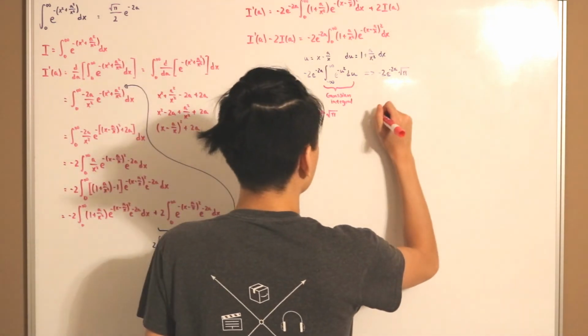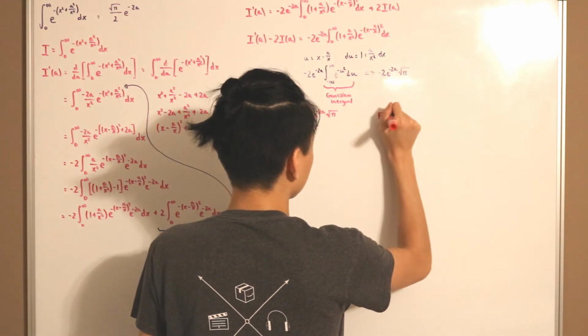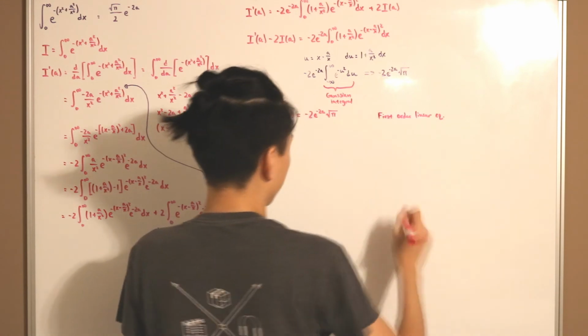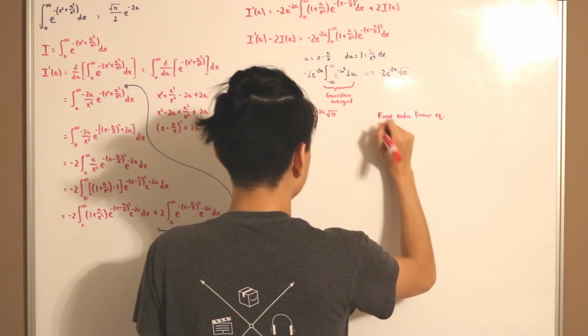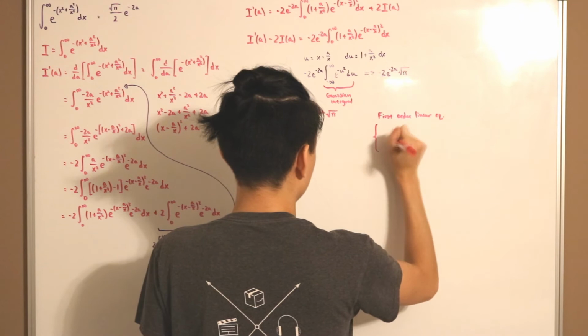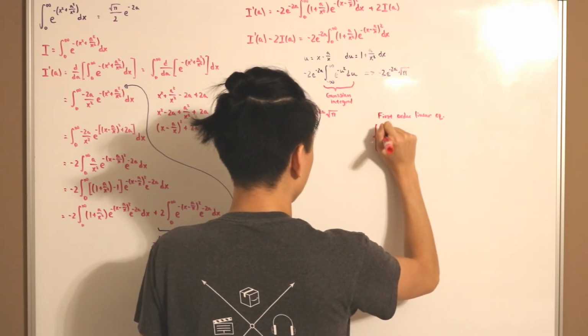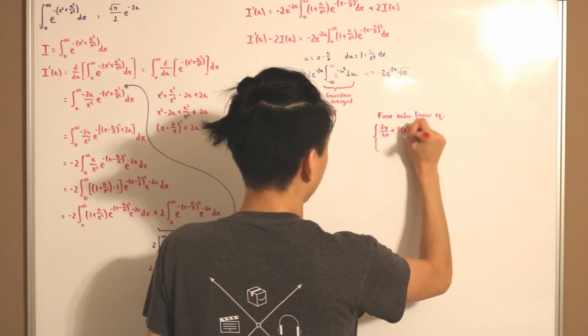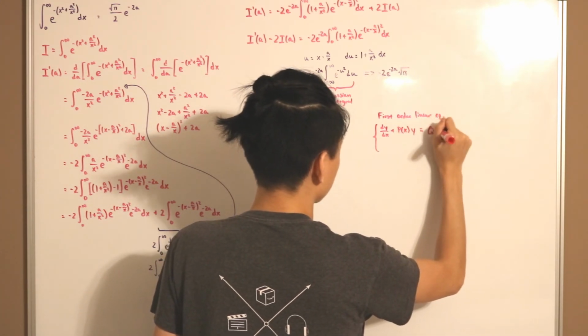The form of a first order linear equation in particular, and I'm going to state this for dy dx in this case, is dy over dx plus p of x multiplied by y is equal to q of x.